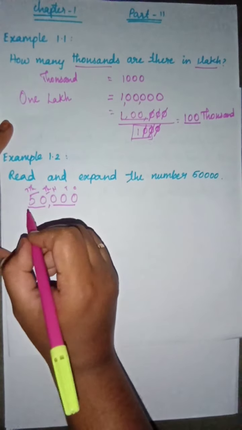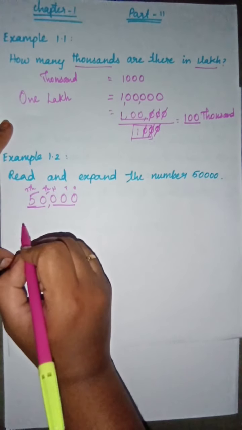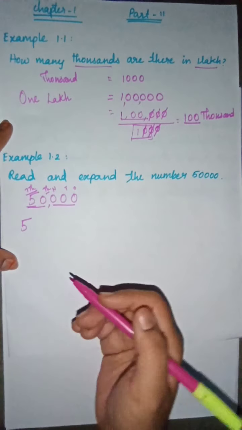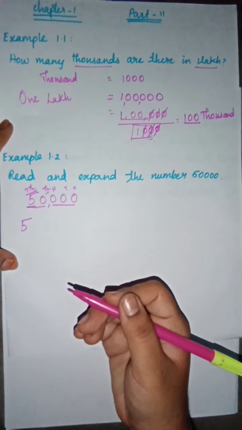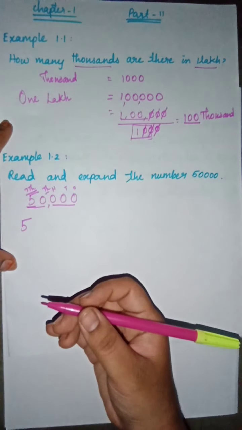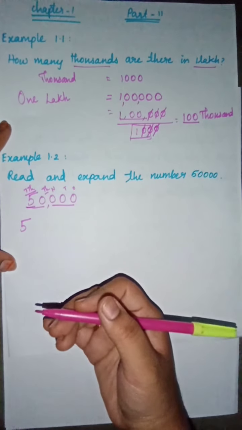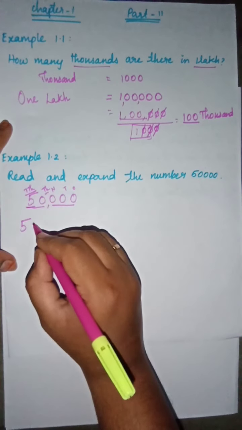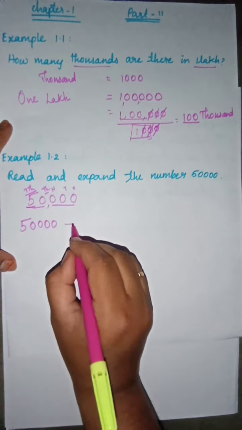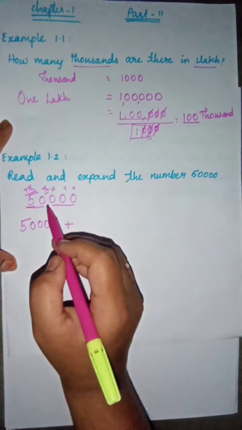So while expanding, first we have to take the first digit. Then we have to check the place value. So the place value is 10,000. So 10,000 means how many zeros should be there? It should be 4 zeros. So 1 2 3 4. Then we put the plus symbol, then the 0.